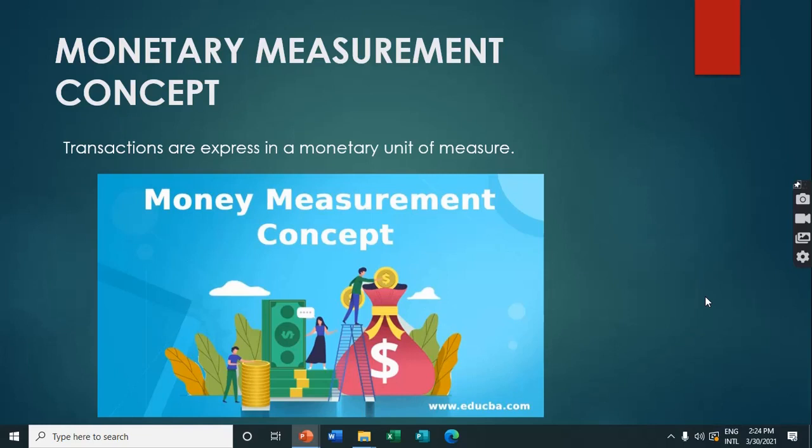Alangan naman sa dollar mo siya i-record. So, maiintindihan pa ba na magagamit ng FS nun? So, hindi. Magbabase tayo sa currency natin, which is the peso. Ayan. So, that is monetary measurement concept.